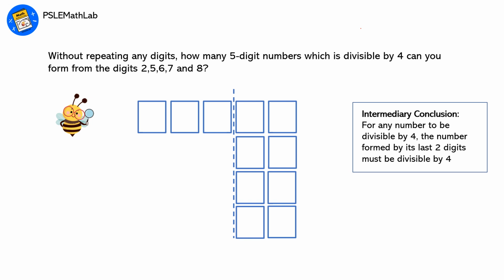But remember, we have other possibilities for the last digit. Next, let's fix the last digit to be 6. And obviously we will be skipping 5 and 7 as they're not even numbers.